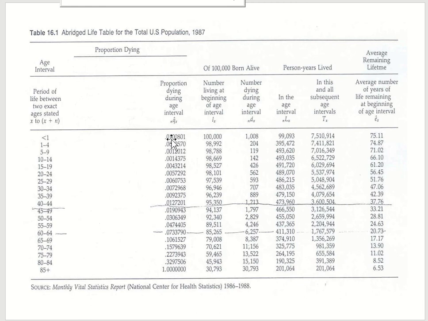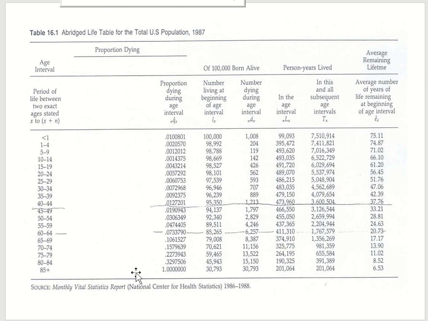Okay, and then you have 0.0002, so it's 2 per thousand. This is the age-specific death rate for those aged between 1 to 4 years in the US in 1987, and so on. Next to every age category, you have the age-specific death rate for that category.